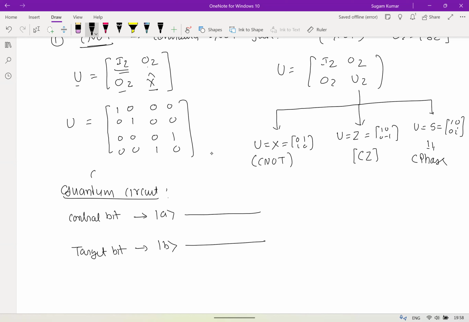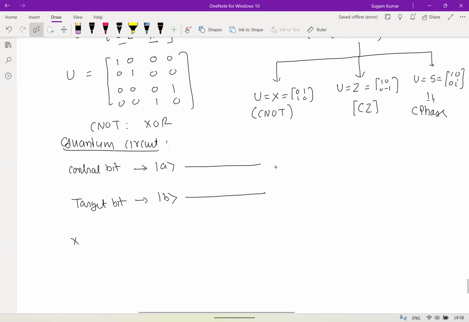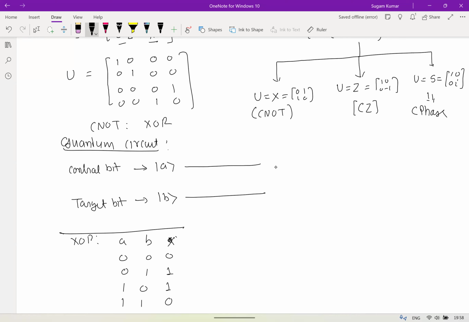The whole CNOT gate acts like an XOR gate. If you look at the truth table of XOR, with inputs A, B: when 0, 0, the output is 0. When you have 0 and 1, output is 1. When you have 1 0, output is 1. When you have 1 1, output is 0. This is what the CNOT gate also does.